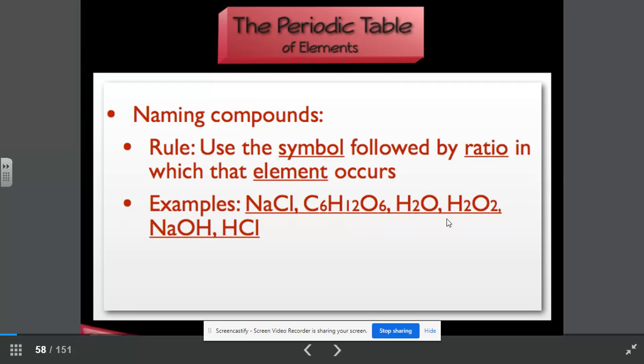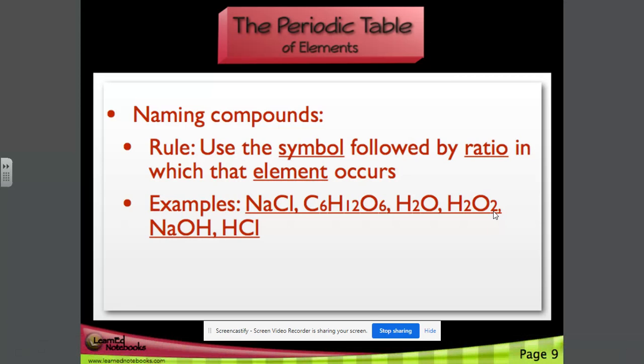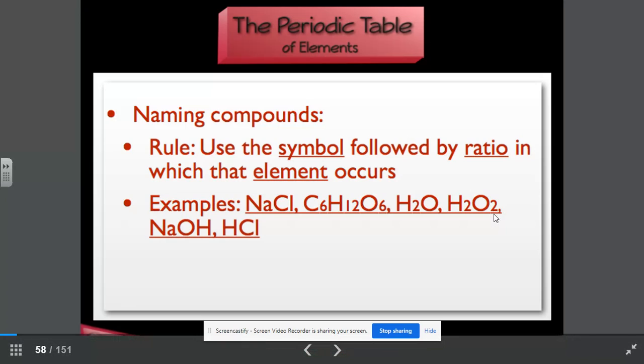H2O, can you guess that one? 2 hydrogens and 1 oxygen, we know as water. H2O2, very similar, but you've got that 1 extra oxygen atom there. That gives us hydrogen peroxide. Again, a very different substance. You wouldn't want to mistakenly drink a glass of hydrogen peroxide instead of water. That 1 atom makes a huge difference.